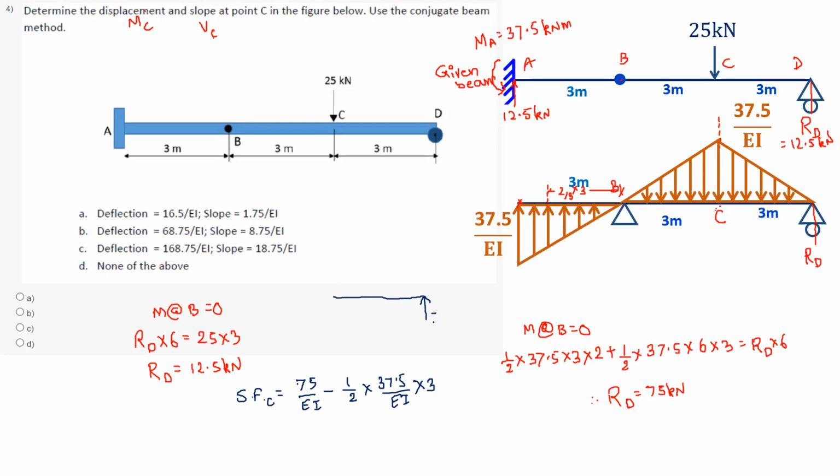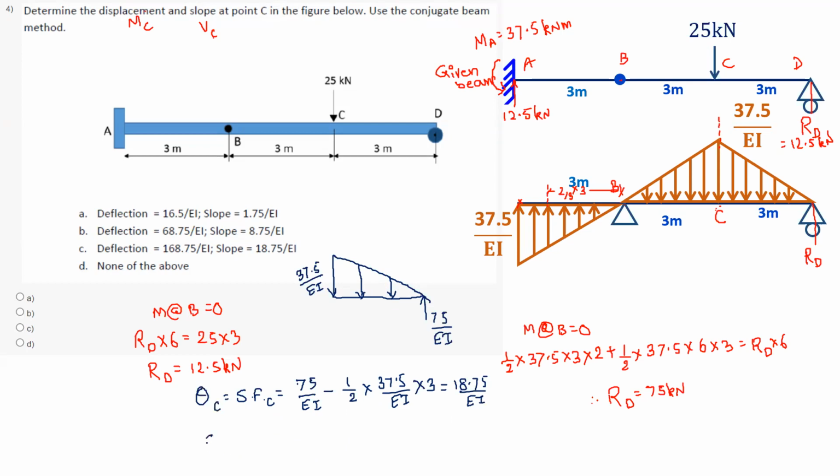This 75 upon EI is my reaction, and this 37.5 upon EI is the load, which is downward. From this I get 37.5 into 3 by 2 minus 75, so 18.75 upon EI. Now this will be the slope, theta C.